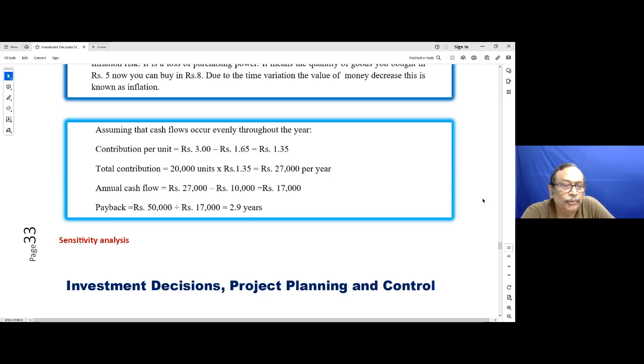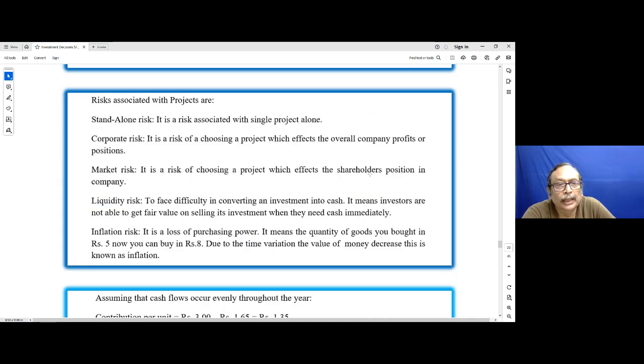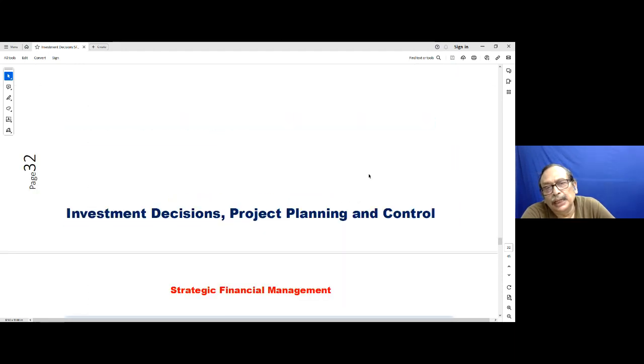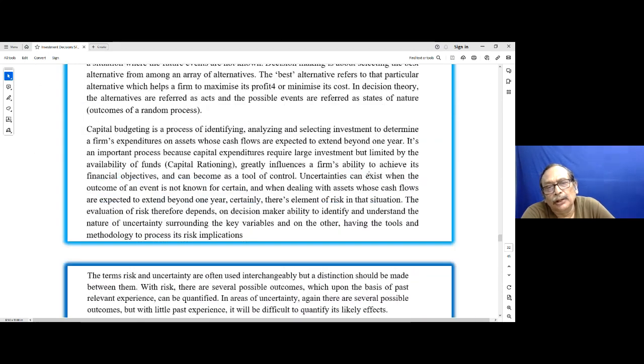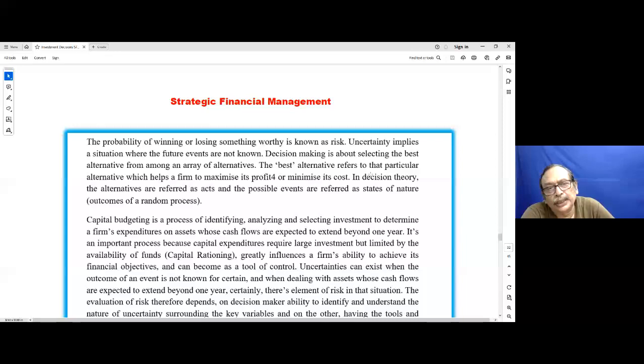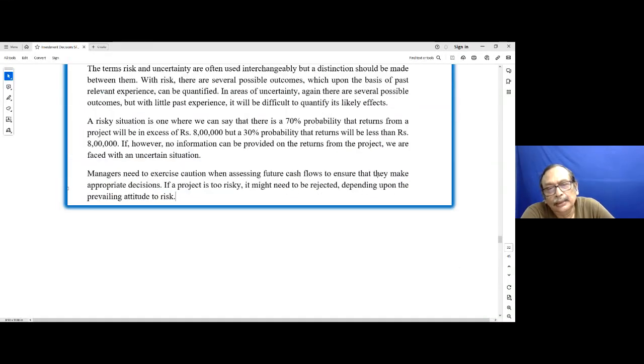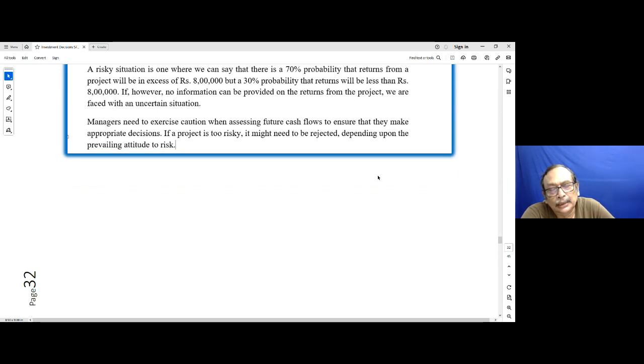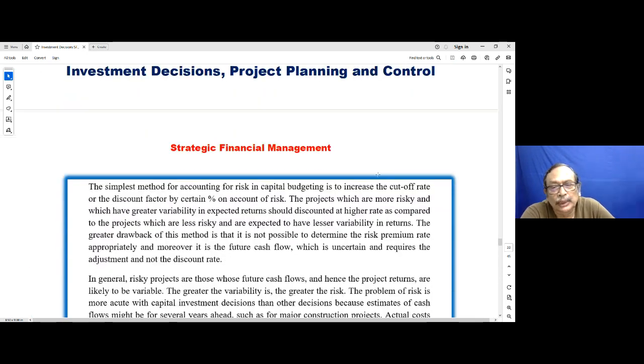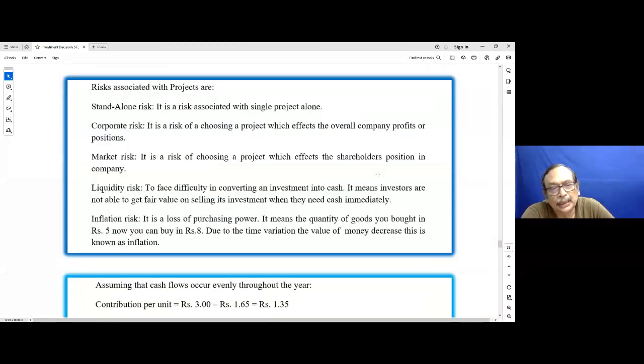So payback is 2.9 years. Okay, so it is based on the various considerations that you are going to take when there are risks and uncertainty that we have discussed. So it is a case study based question.